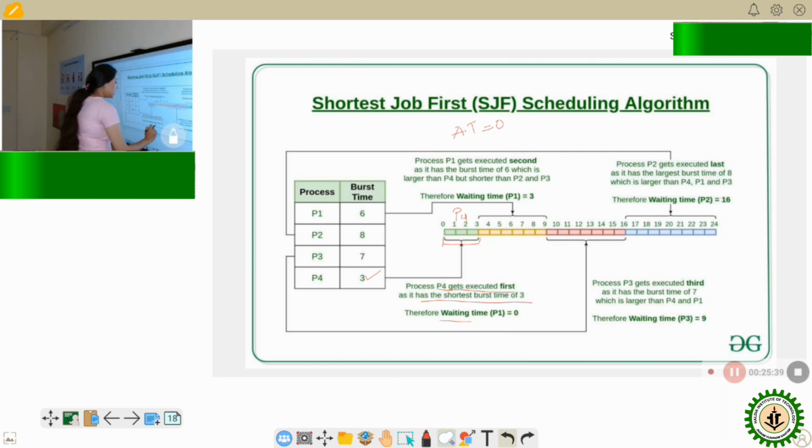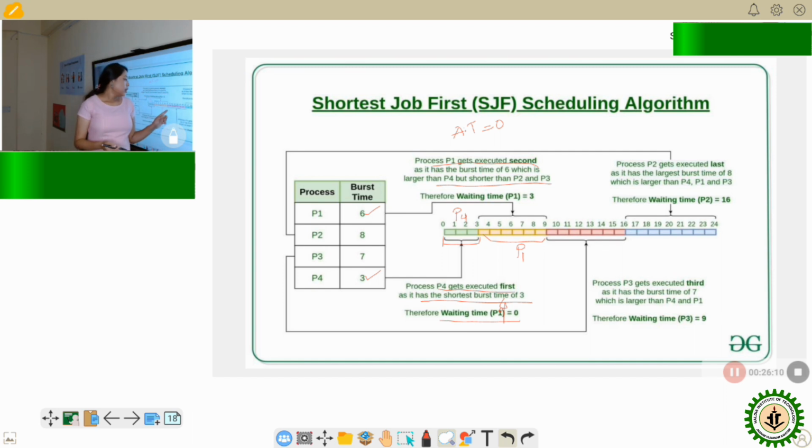Therefore, its waiting time will be 0 for P4. Then, what is the lowest? P1. From 3 to 9, P1 gets executed. Process P1 gets executed second as it has the burst time of 6, which is larger than P4 but shorter than P2 and P3.